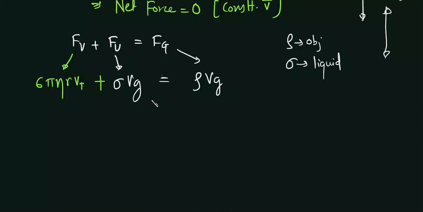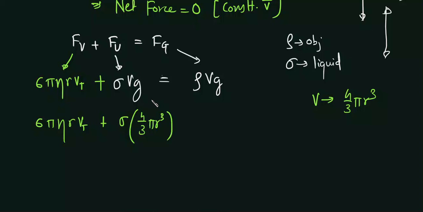We know that the volume of the body is equal to 4 by 3 pi r cube, isn't it? So write it down: 6 pi eta r Vt plus sigma into 4 by 3 pi r cube into g is equal to rho into 4 by 3 pi r cube into g.